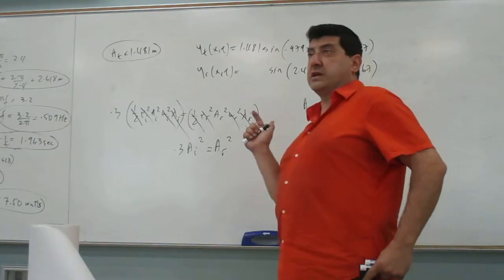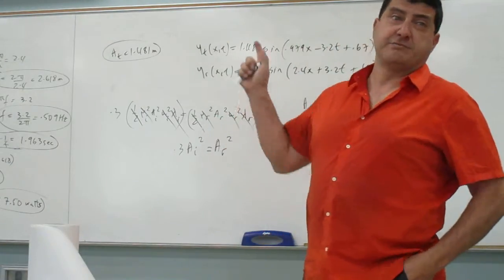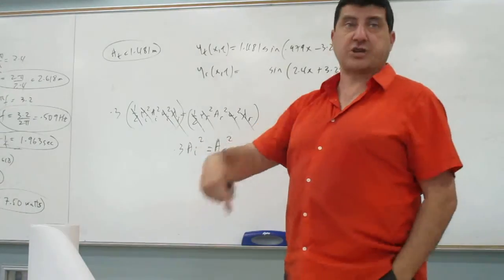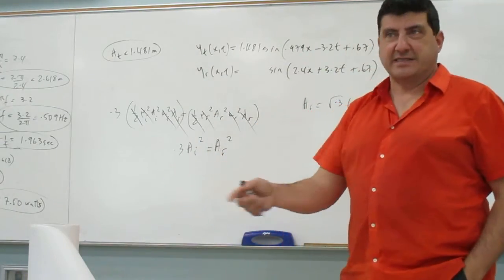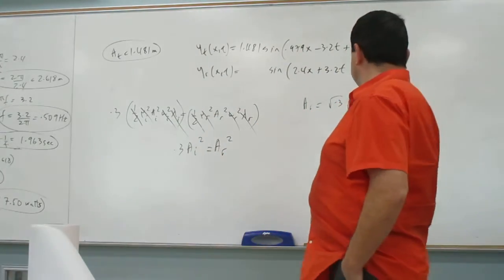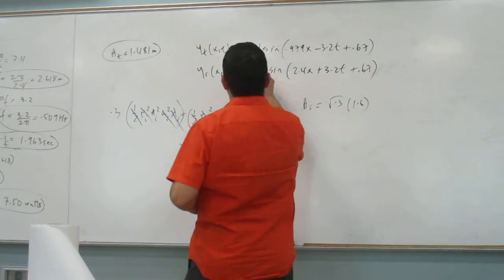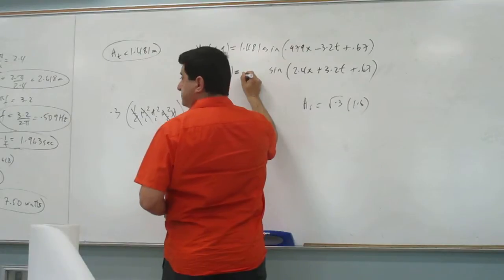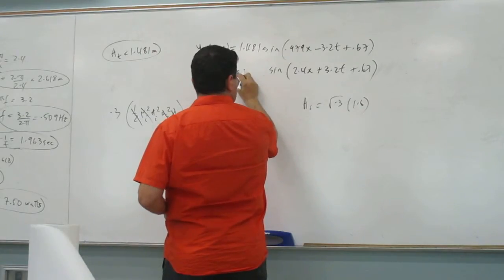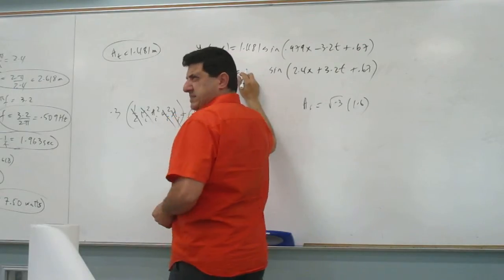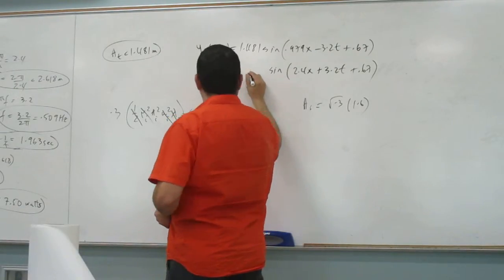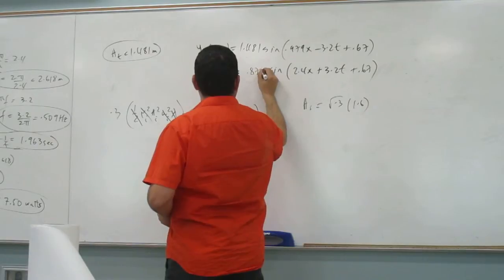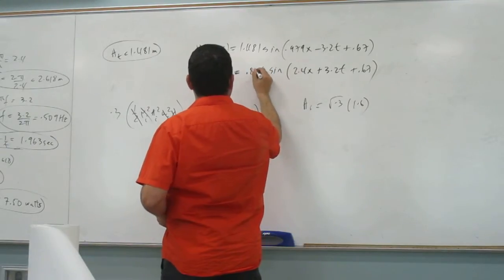So whatever percentage of the wave reflects, you take the square root of that, that gives you the new amplitude. So about 0.8? Yes, 0.876.